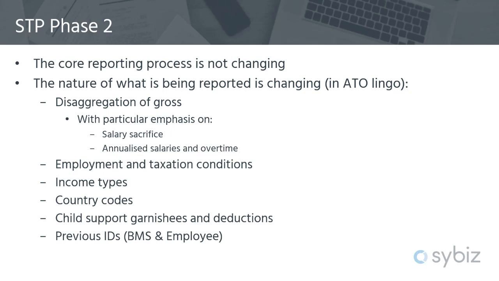So there's some facilities there for those previous IDs. Based on the guidance that Sybiz has given and some of the restrictions that have been put in the software, that's not really applicable to us, but just letting you know that that's one of the key changes in STP2.